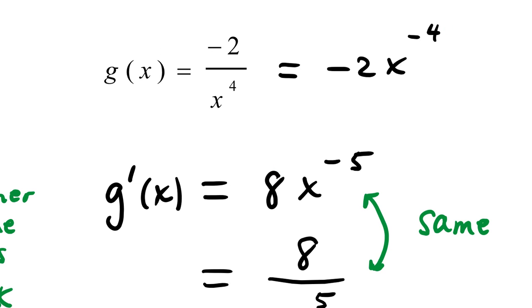Take 1 off your power, negative 5. And then the same as the previous example, it is fine if you leave it this way. If you want to move your x back to the denominator, sorry, my pen slipped, you can move it to the denominator, but that power has to change sign anytime you cross the fraction bar.